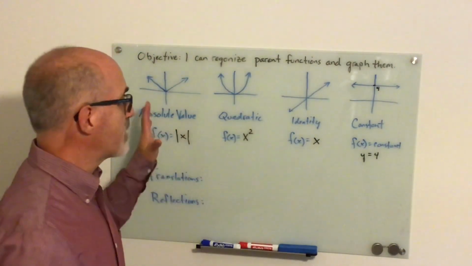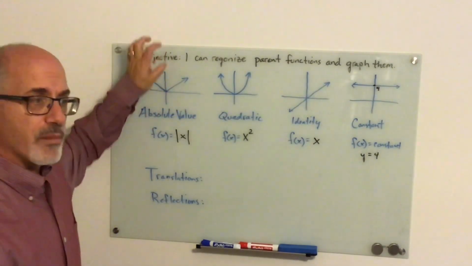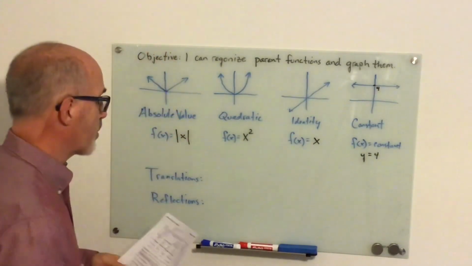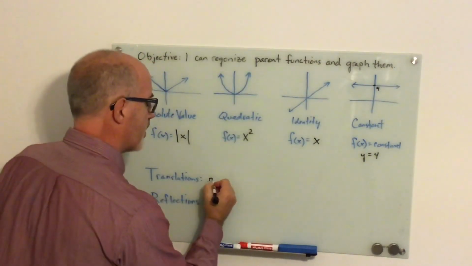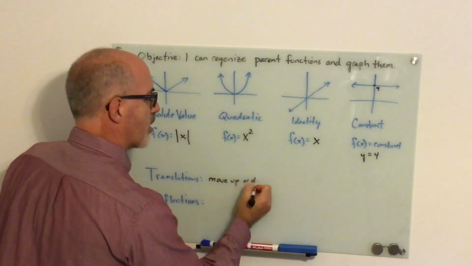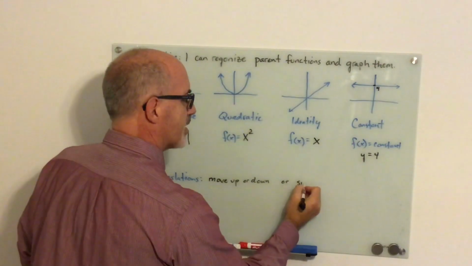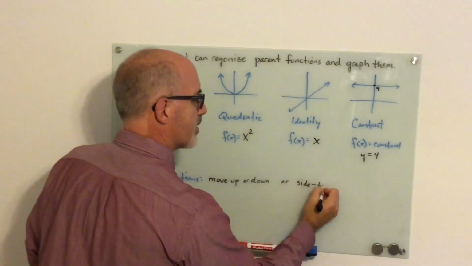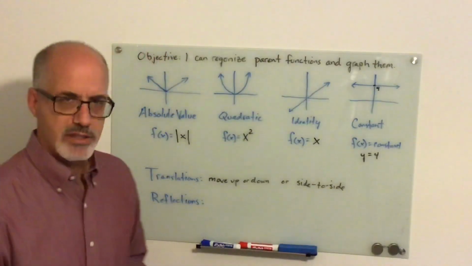Now what we're going to do is take these graphs and move them to the side or move them up and down. When we move the graph up or down, it's called a translation. Or if we move it side to side, left or right, that's called a translation.